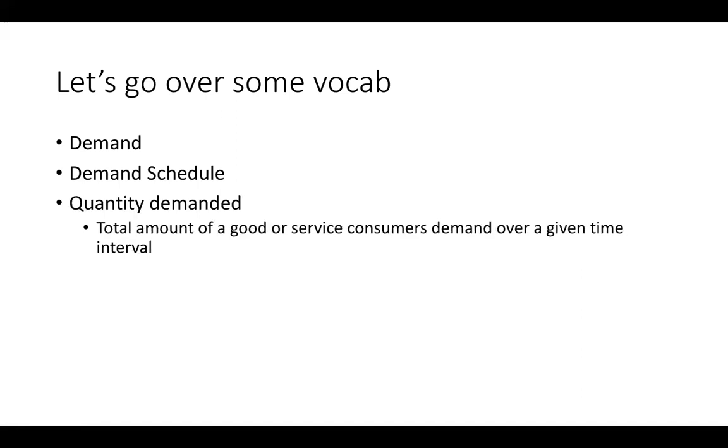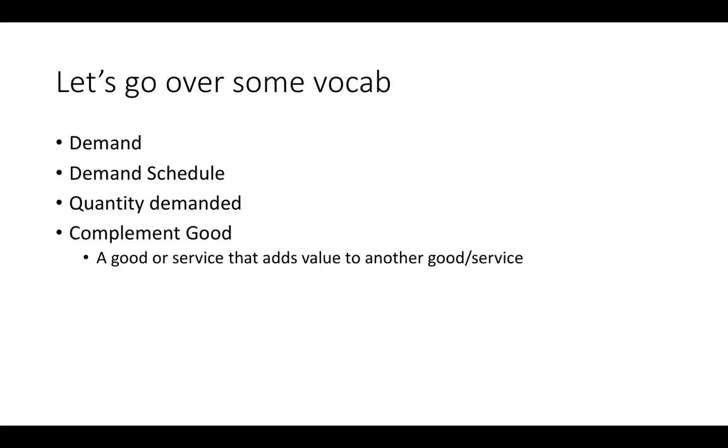Quantity demanded is the total amount of a good or service consumers demand over a given time interval in that demand schedule. All of these words are very interrelated: that demand schedule is going to show our entire demand function, and that quantity demanded is going to be a column within that demand schedule.